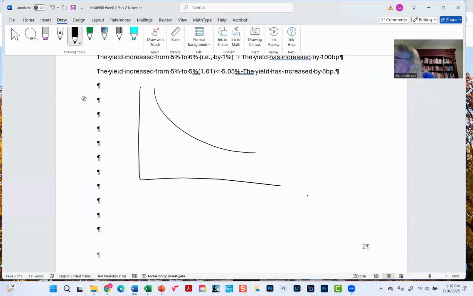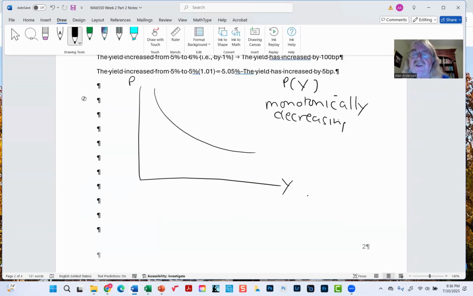You can see that the price yield curve is monotonic. Specifically, it's monotonically decreasing. So you can think of this as P of Y: the price of the bond as a function of its yield is monotonically decreasing. And that means that Y1 less than Y2 implies that P(Y1) is greater than P(Y2) for all Y. No exceptions.